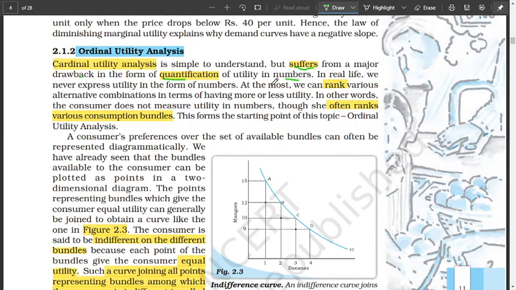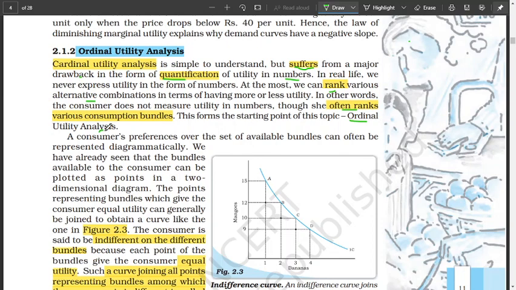So what we do is we can rank different combinations, whether they give us more satisfaction or less satisfaction. By ranking our level of satisfaction, we'll be able to explain our behavior, and that is what ordinal utility analysis is all about.